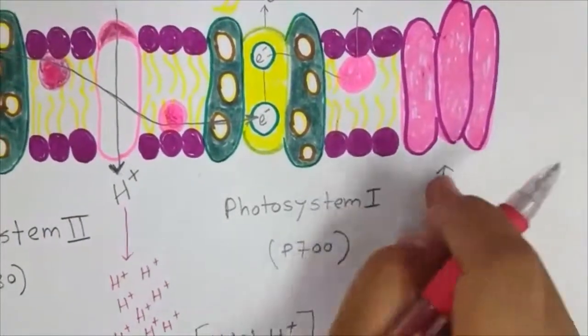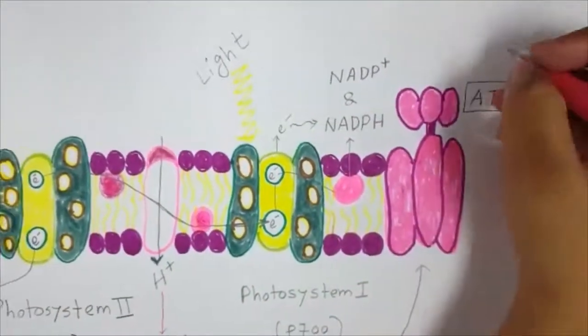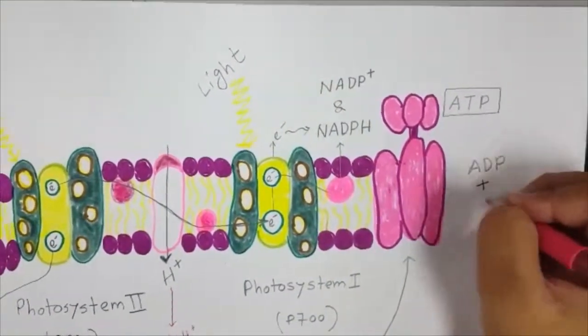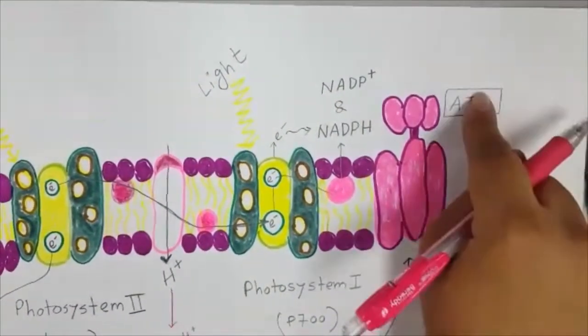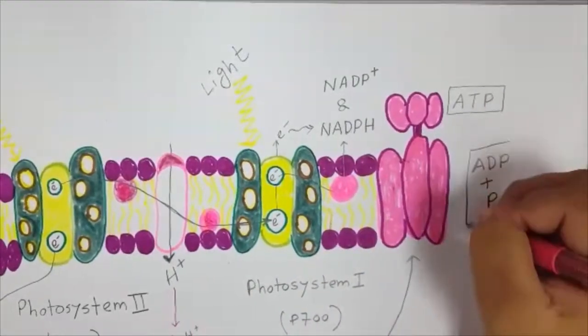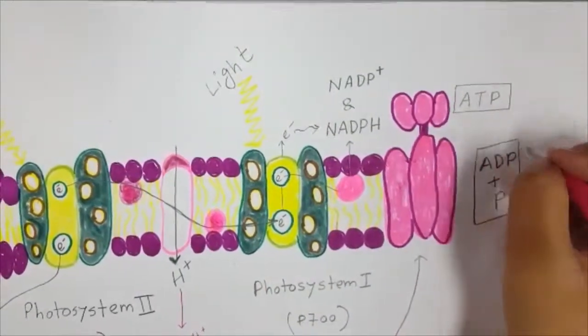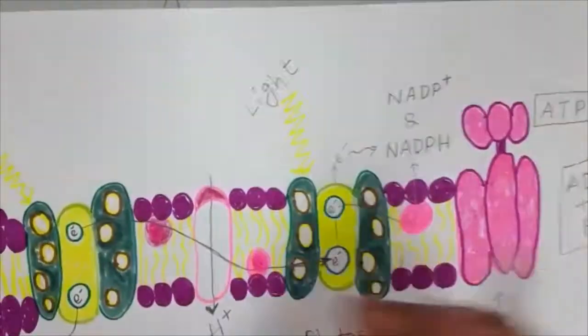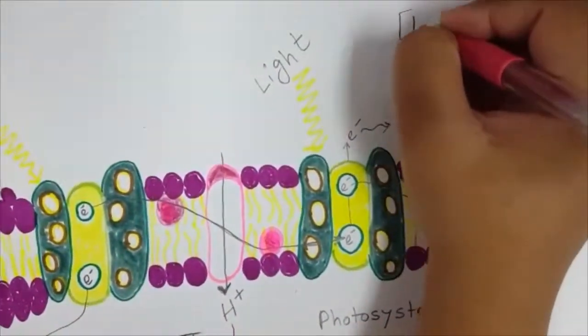Here is the protein membrane where ATP is made. So ADP plus Pi makes ATP. And here is the lower concentration.